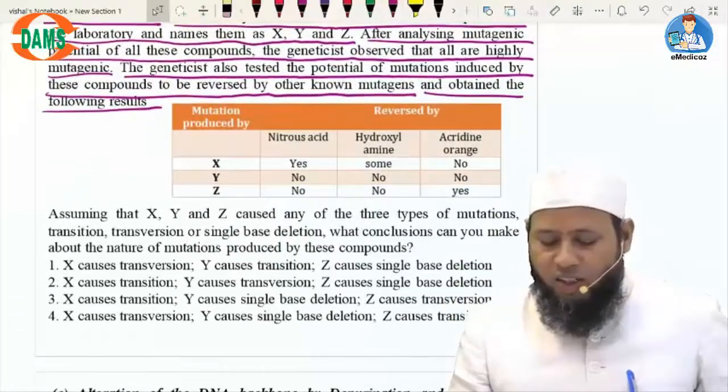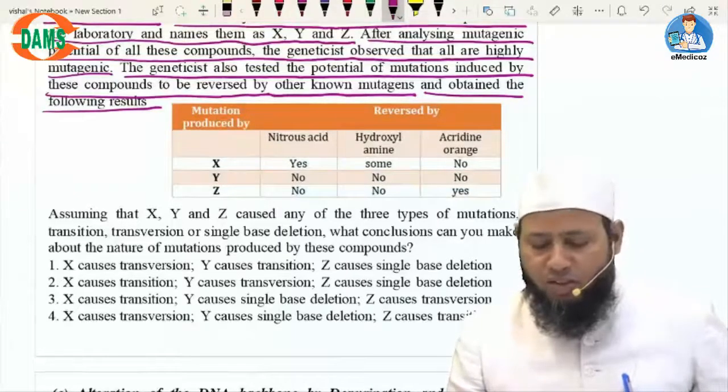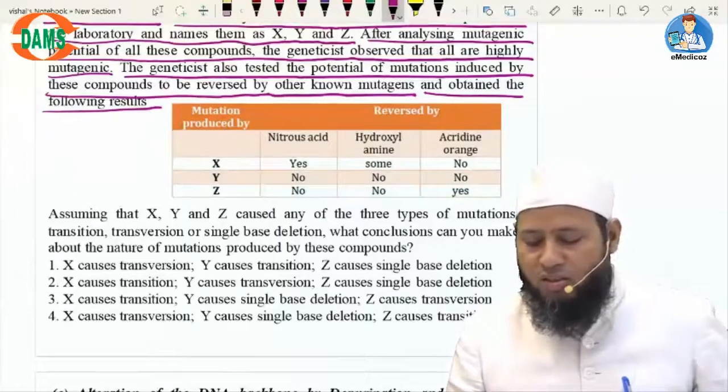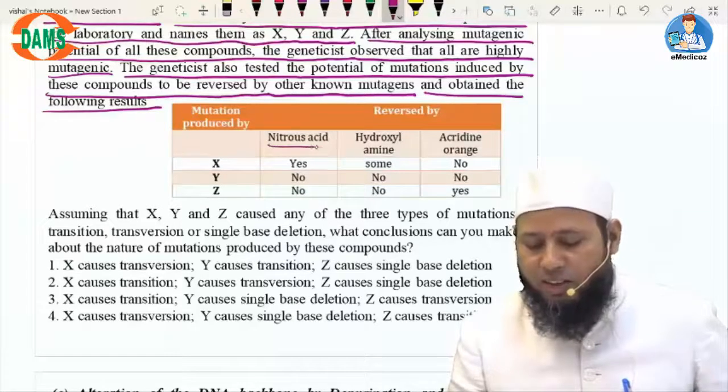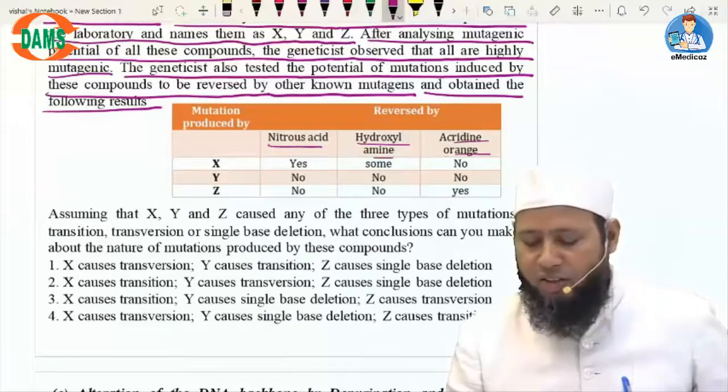So here X, Y and Z are the mutagens. They produce some kind of mutations, and those mutations are tested for reversion by the chemicals nitrous acid, hydroxylamine and acridine orange.